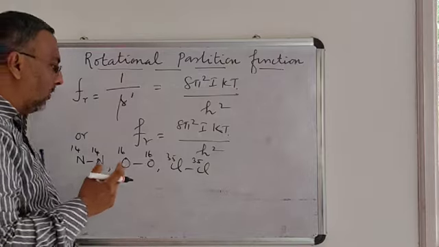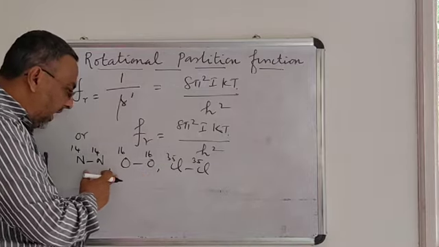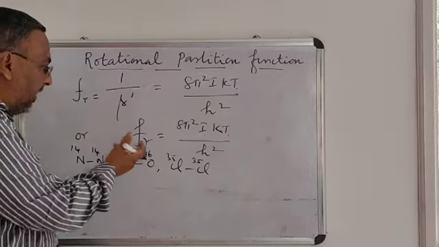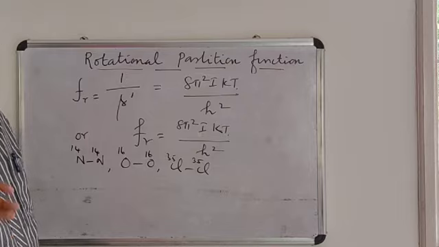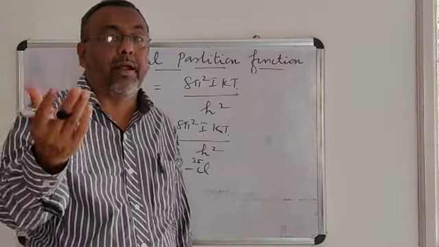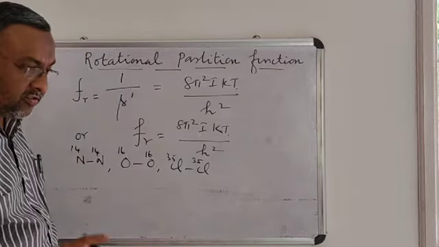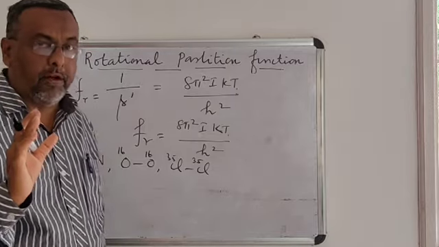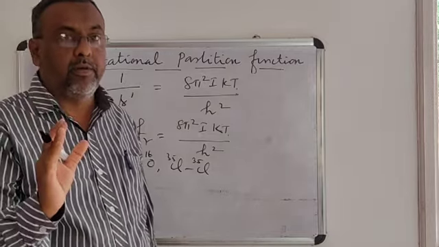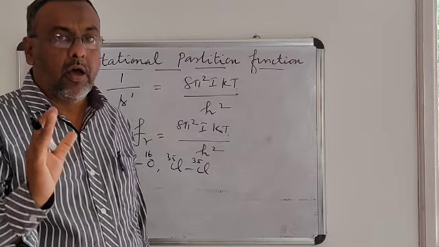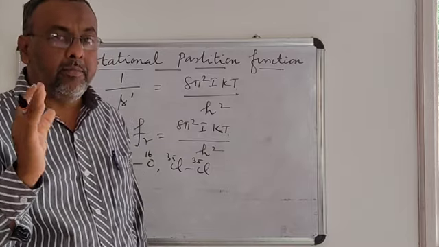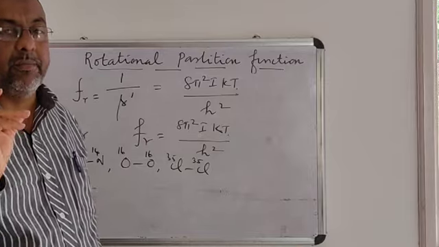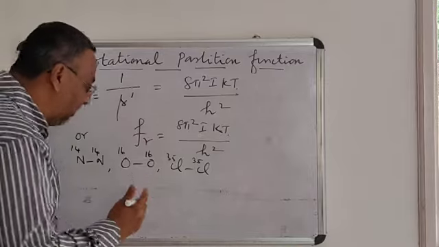So in homonuclear diatomic molecules, we divide the rotational partition function by 2, or its symmetry number. It depends on the number of indistinguishable images obtained for every 360-degree rotation.